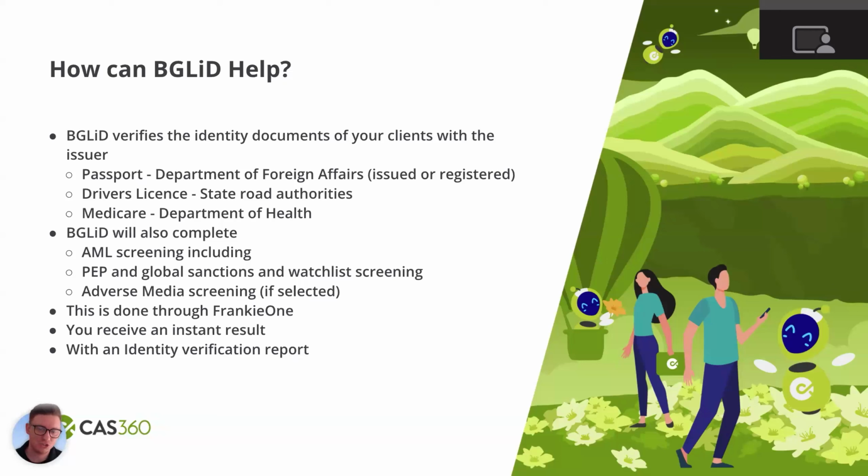This is issued or registered passports, so Australian issued passports will all comply. But anyone that has registered their foreign passports with the Australian government will also be able to be verified, even if it isn't an Australian passport.